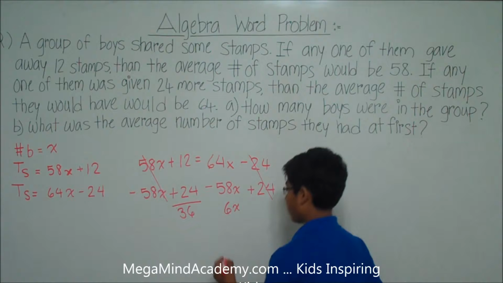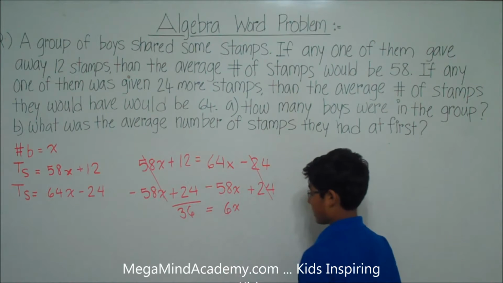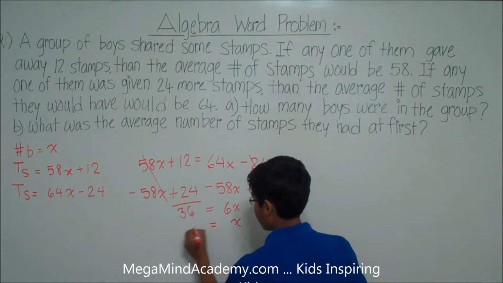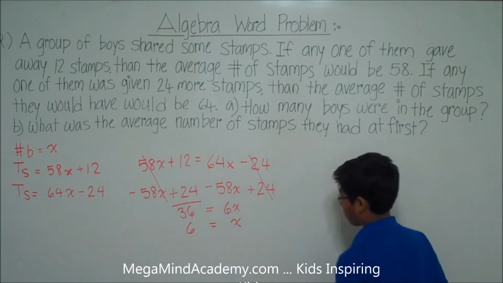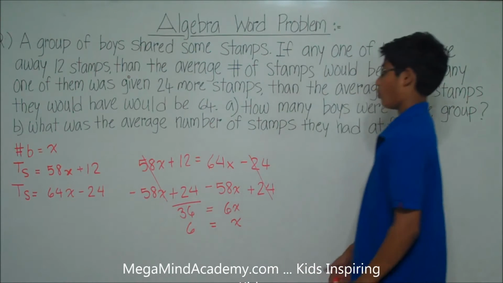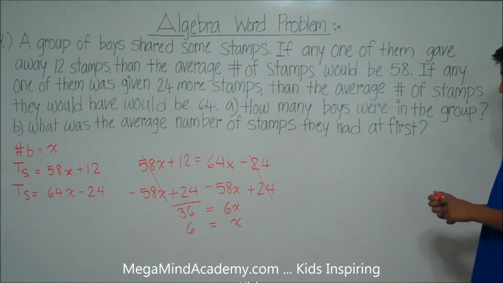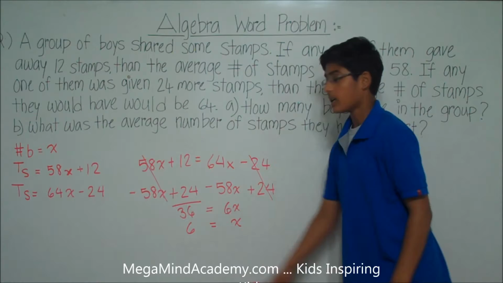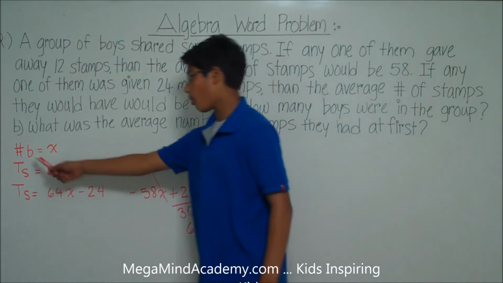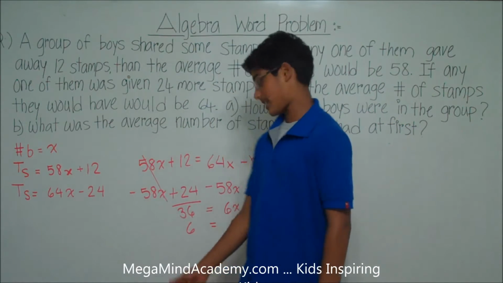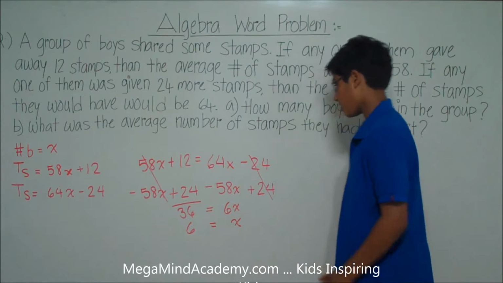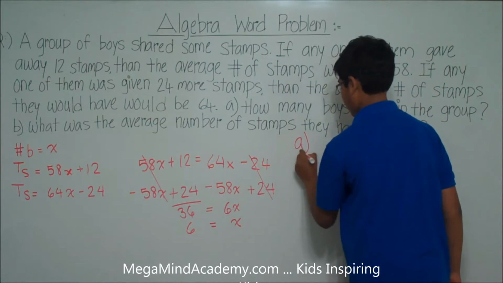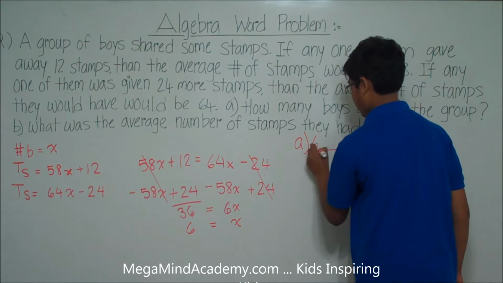So we're left with 36 is equal to 6x. So x is equal to 6. So the answer to question A, which is how many boys were there in the group, is equal to 6. Because we know that the number of boys is equal to x, and x is equal to 6. So the answer to question A is 6 boys.